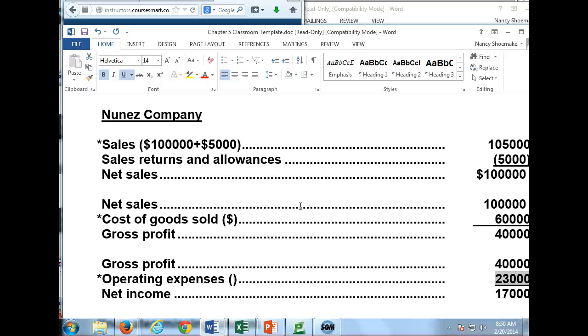Freight in is a cost we have to pay to get the goods to us. So it's part of inventory. That's what it cost us to get this inventory. But freight out is selling the goods. Selling the goods is an operating expense. It's not part of inventory. We've sold our inventory.